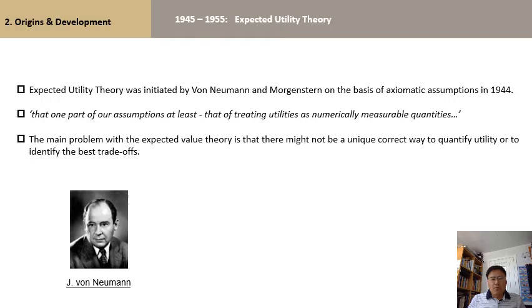The main problem with expected utility theory is that there might not be a unique correct way to quantify utility or to identify the best trade-offs.